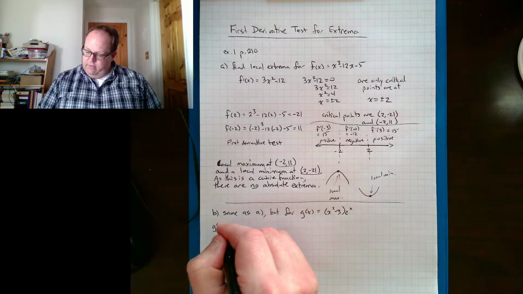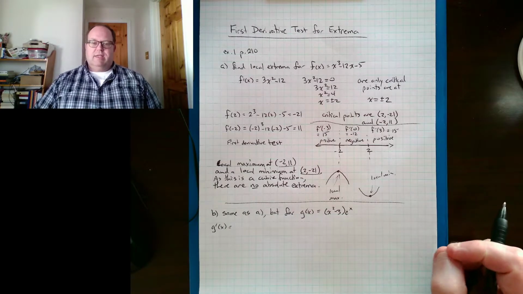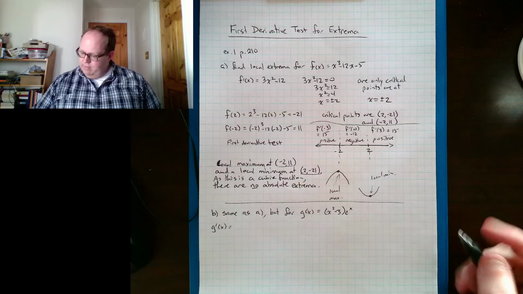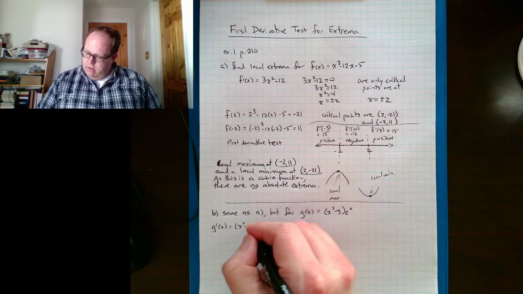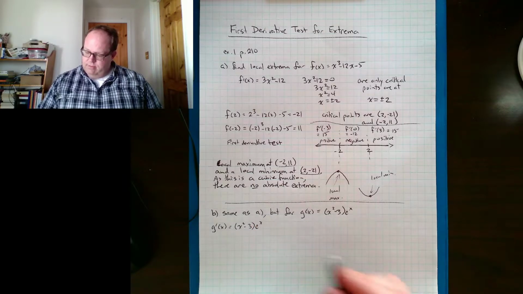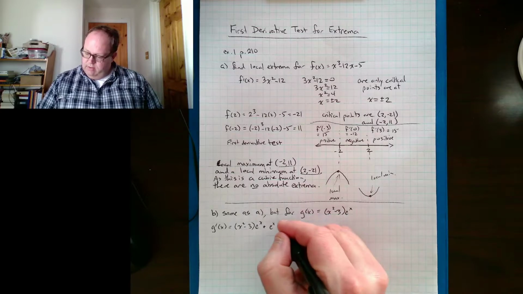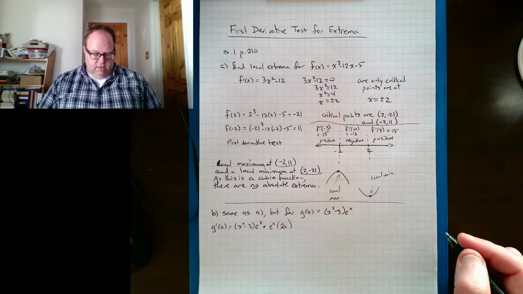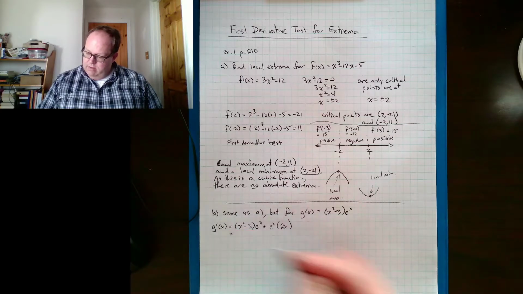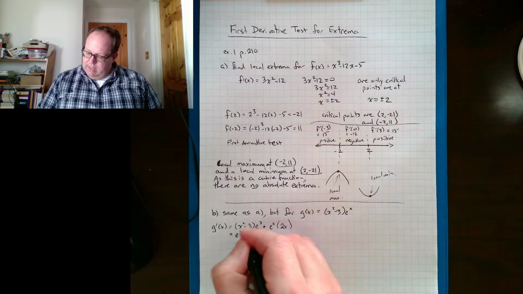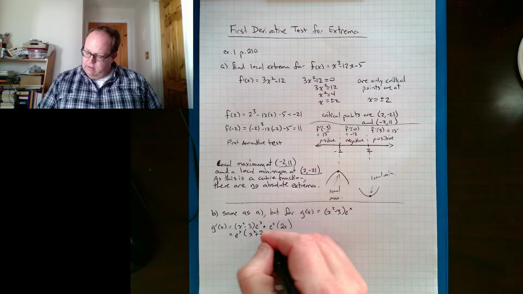So my first derivative, as I go through a product rule, I say that because people tend to forget about that eventually, I end up with my first part times the derivative of the second, plus the second part times the derivative of the first. What that's going to leave me with for a derivative, if I simplify a little bit, is e to the x times x squared plus 2x minus 3.